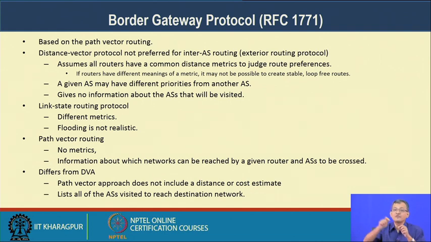It is more of a path which is sequentially given, based on the attributes, listing all the ASs visited to reach the destination network. So, it basically gives an ordered list. Ideally it does not go on calculating distance. This makes more sense in a large internetworking scenario.